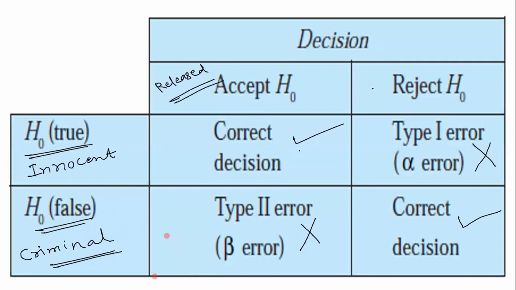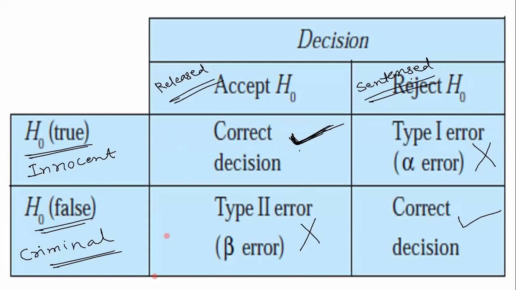This is my analogy. And rejection means the person is sentenced. So here, one possibility is that the person is innocent and the person is released without any punishment. This is absolutely acceptable, a correct decision.